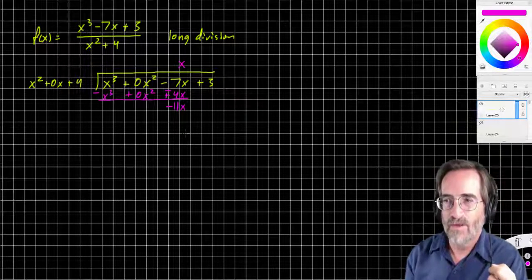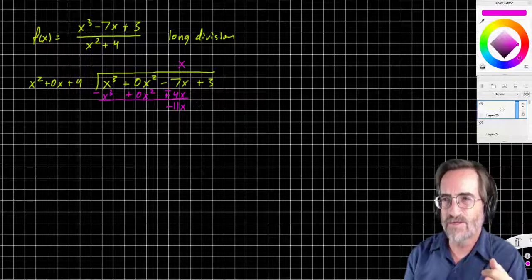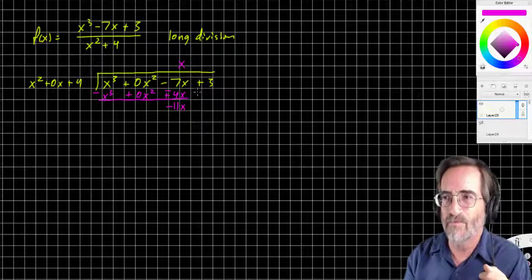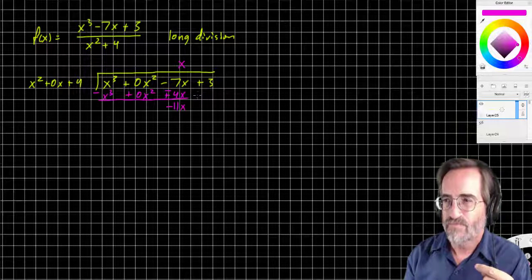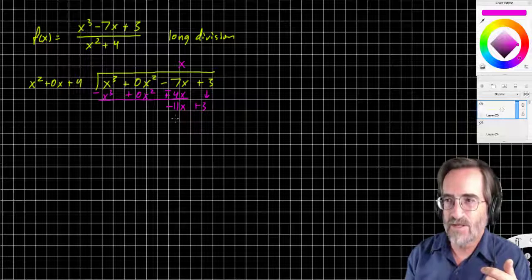Okay, and now we're going to bring down the next term. Now I just made one that didn't turn out. This wasn't the best example. It would have been nicer if I'd had an x squared term in here. Okay, but let's bring down the next term. Bring down plus 3, and we have negative 11x plus 3.